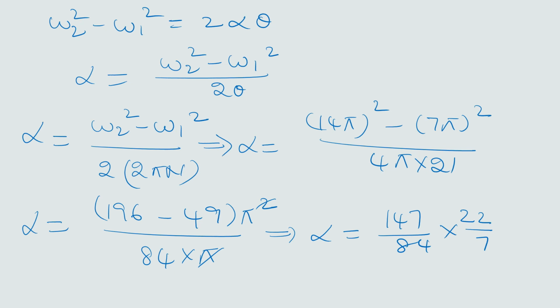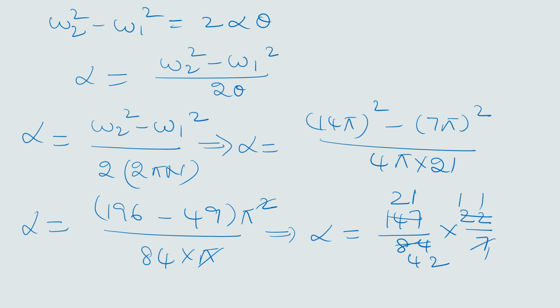Now we are taking cancellation: 7 1s are 7, 7 2s are 14, so only 7, 21, 11 2s are 22, and 2 4s are 8.